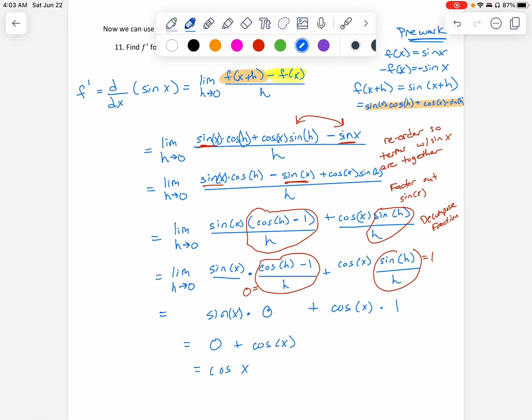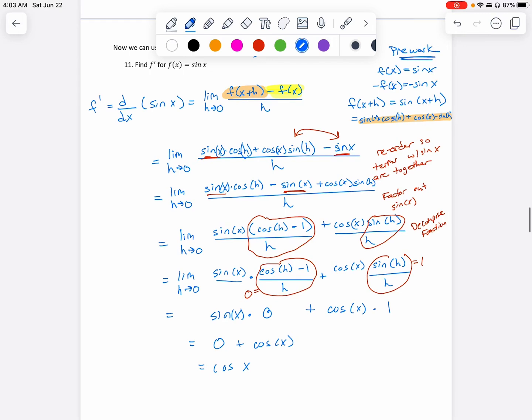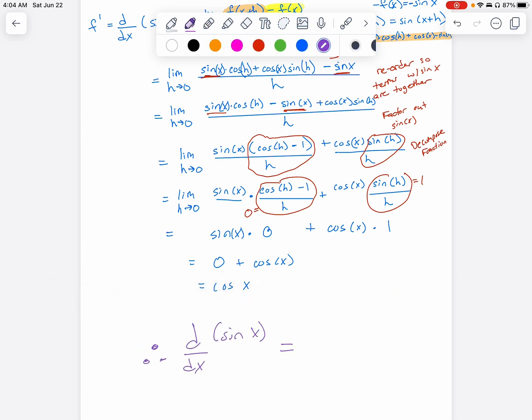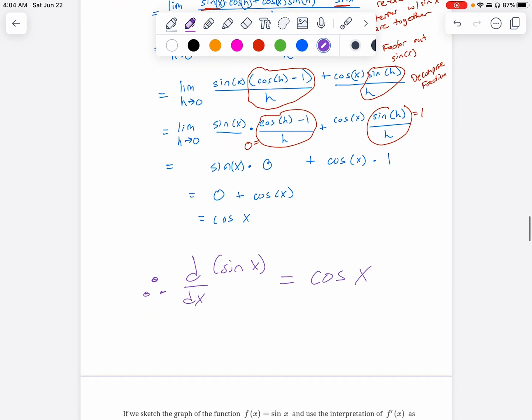So that's a pretty big conclusion. Let's write it big. So in conclusion, the derivative of sine of x equals cosine of x, which is kind of fascinating.